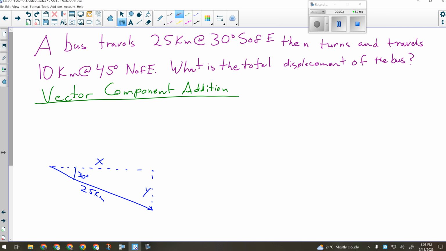Okay. After that, it says that the bus turns and travels 10 kilometers at 45 degrees north of east. So what's my reference direction? East. Yeah. Okay, it went north of east. So I'm going to draw a reference line that goes east, but I'm not going to make it very long because this vector is quite a bit shorter than the first one.